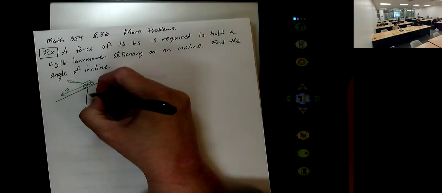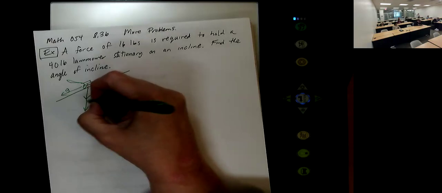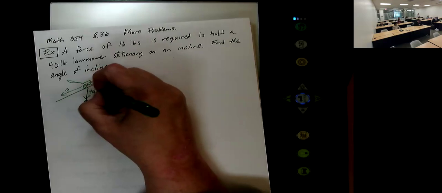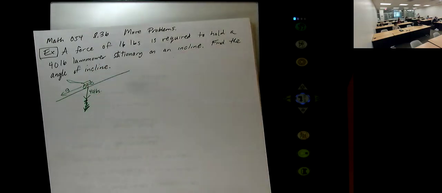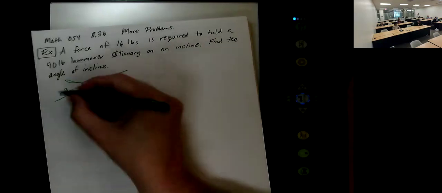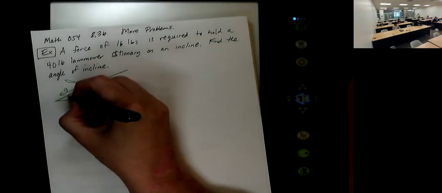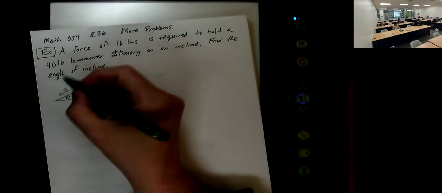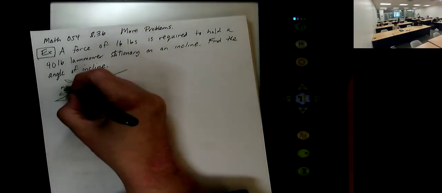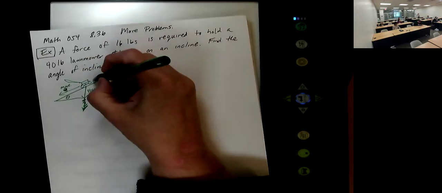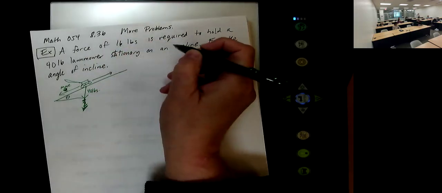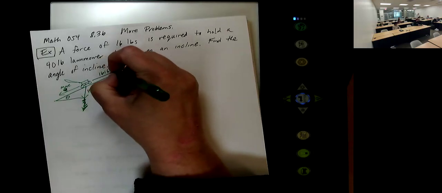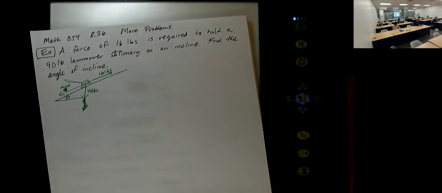So we got 40 pounds going downward. We are looking for this angle right here. It wants to move that direction, but we have a force, something's holding it that way. That's 16 pounds, and that's keeping it from moving.